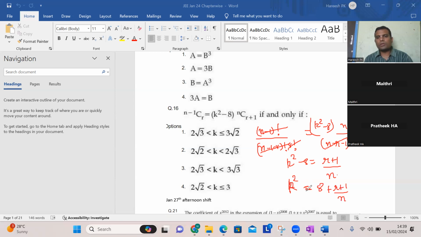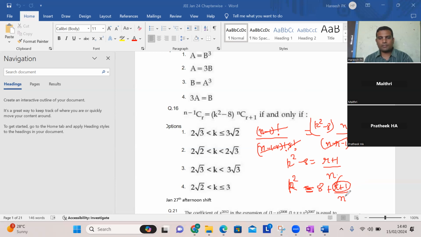Now, how to solve for this? What do you think? What is the smallest value of this, and what is the biggest value? The smallest value is when you put r as 0, isn't it? Yes, sir. So then 1 by n.